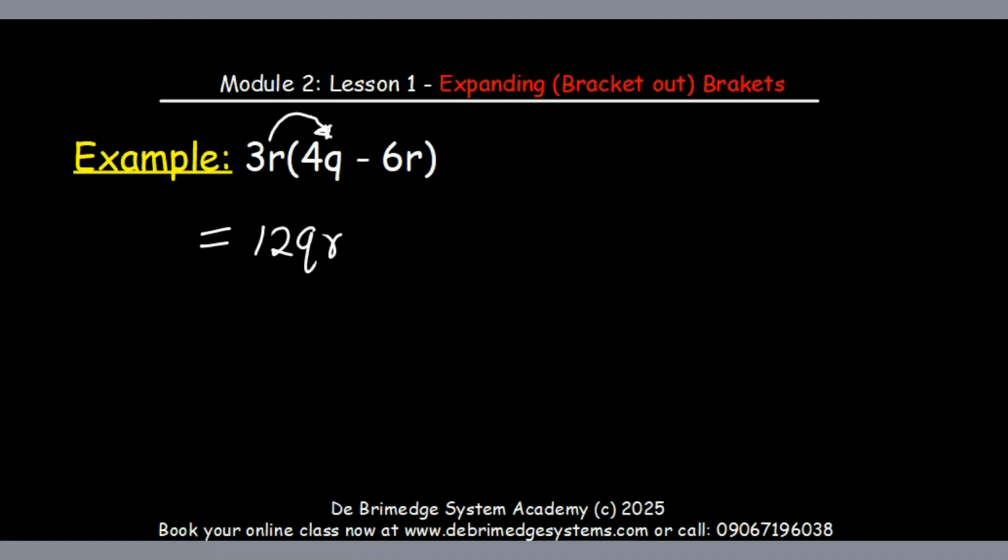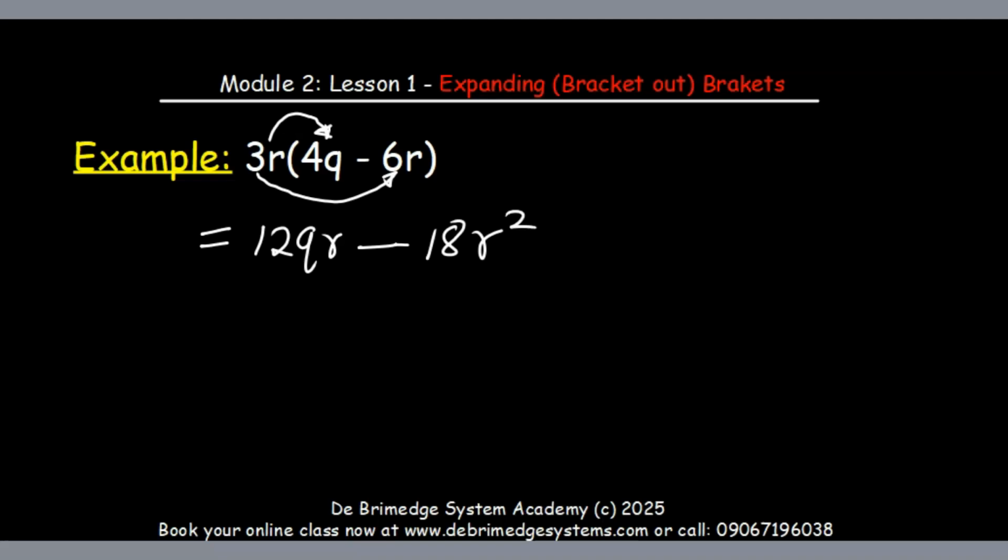So that's the first rule. There's no minus sign here, so this sign is not going to reverse. It's going to remain the same, minus. Let's go again. So we're going to have this times this now. So let's look at that. 3 times 6 is 18. R times R will give us R squared.